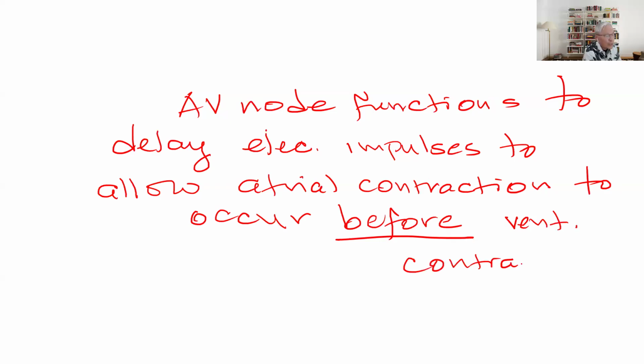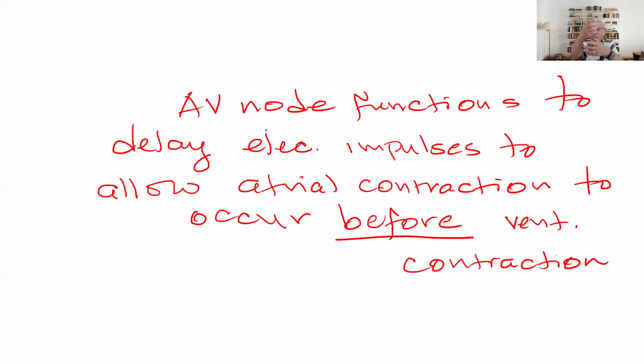All right, I've written it because that's the most important physiological purpose of the AV node. So the AV node functions to delay electrical impulses to allow atrial contraction to occur before ventricular contraction.